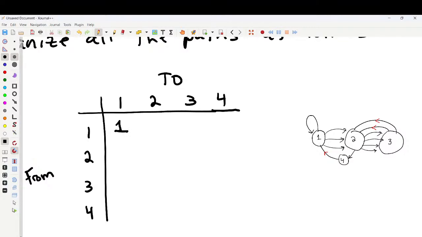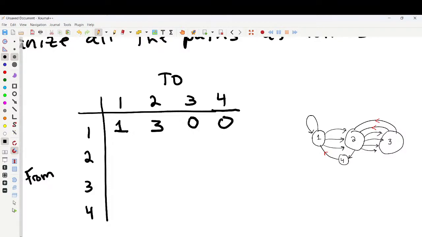How many paths from City 1 to City 2? 3. Right here, 1 to 2. How many paths from 1 directly to 3? And from 1 directly to 4? 0. Cool.